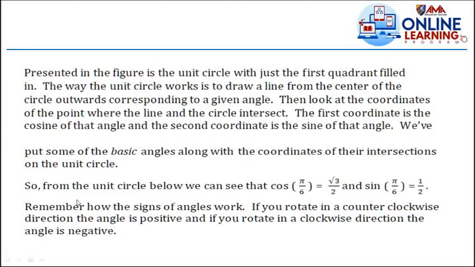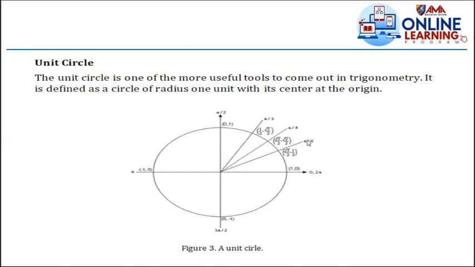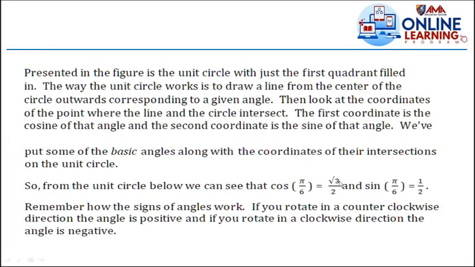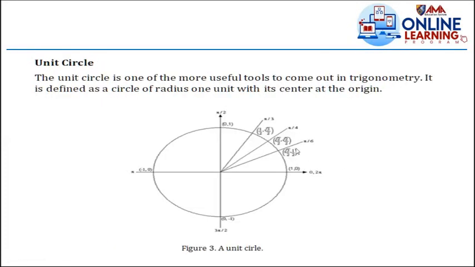So for example, from the unit circle below, we can say that cosine pi all over 6 is equal to square root of 3 all over 2. And sine pi all over 6 is equal to 1 all over 2.